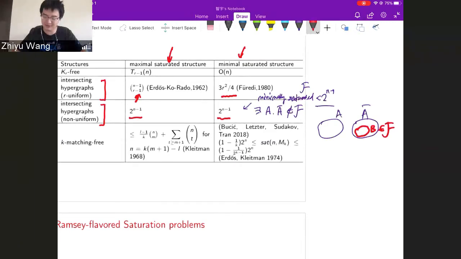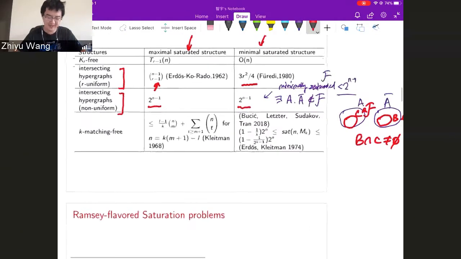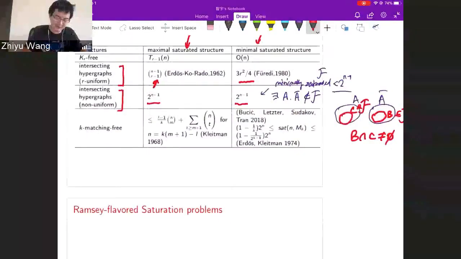There exists another C inside A such that if we add A bar, we'll have a pair of disjoint sets, and this C is also in F. But then, by the picture, you can see that B and C are disjoint and they're both in F. So that contradicts that F is an intersecting set system.